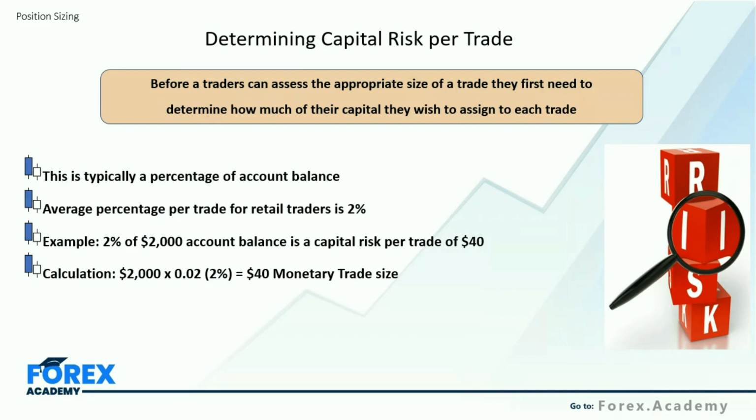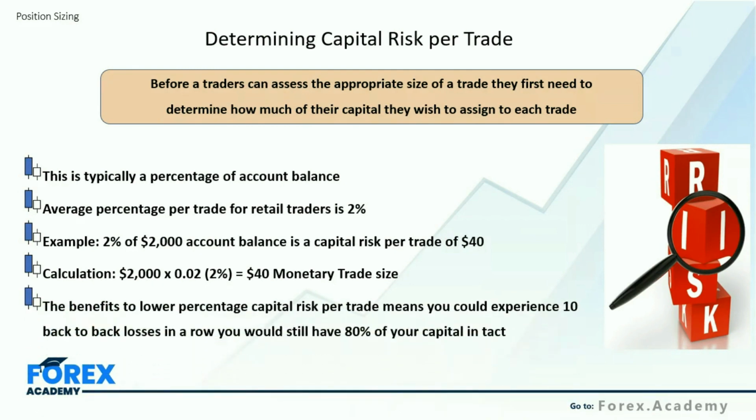Various different markets, some are actually more expensive than others. But if you work within a monetary amount, then obviously you can decide whether you can take that trade or not.